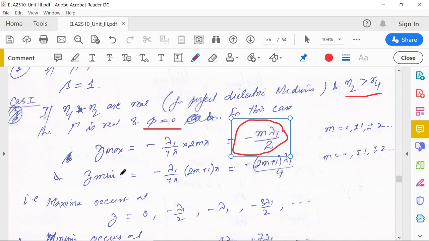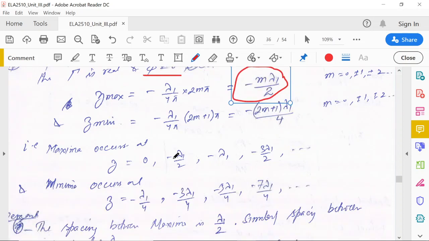Similarly, the minima will occur at these points, m equals 0, plus or minus 1, at minus lambda by 4. So we can write clearly that maxima occur at Z equals 0, minus lambda by 2, minus lambda, and so on.